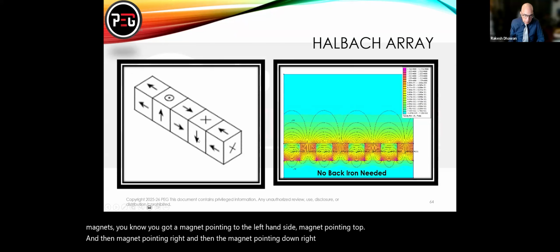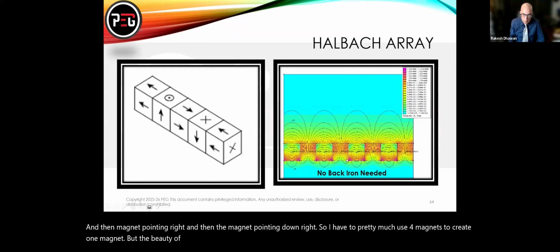So I have to pretty much use 4 magnets to create 1 magnet. But the beauty of this is that I can position my flux in such a way that all of it goes to the air gap.